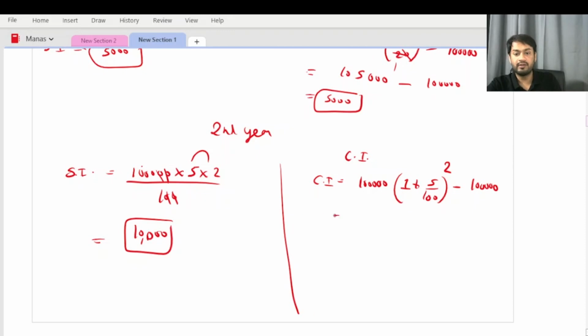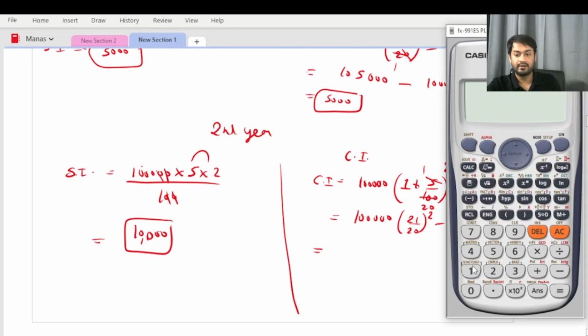So what will happen here is 1 lakh, and 5 times 1 is 20, so it is 21 upon 20 to the power 2 minus 1 lakh. By that way you can solve it with the calculator directly. So 1 lakh, then put a bracket, then 21 divided by 20, to the whole power 2.